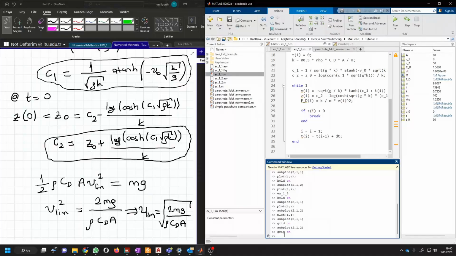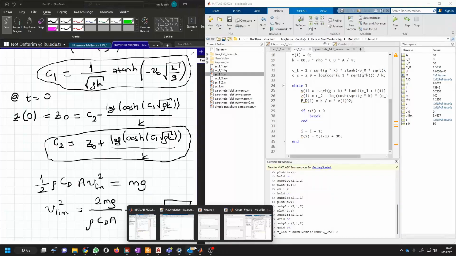So let's calculate when vlim will be equal to square root of 2 times m times g over rho times CD times projectional area. Okay, it says that our limiting speed is 3.6527 meter per second.